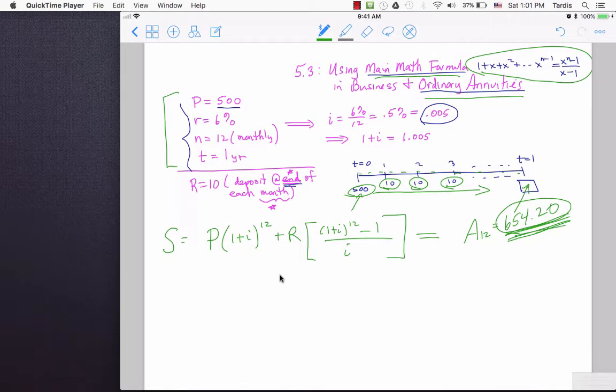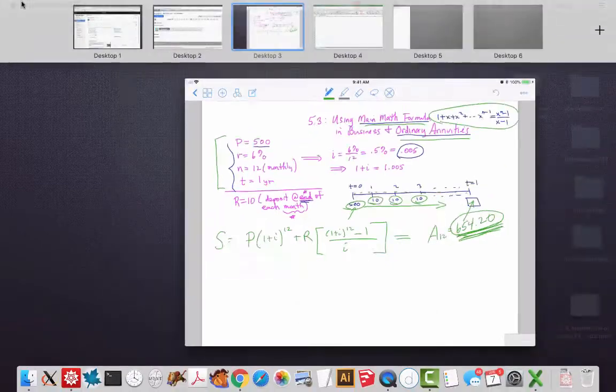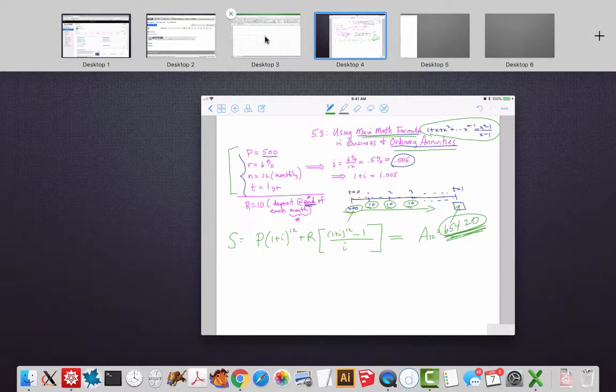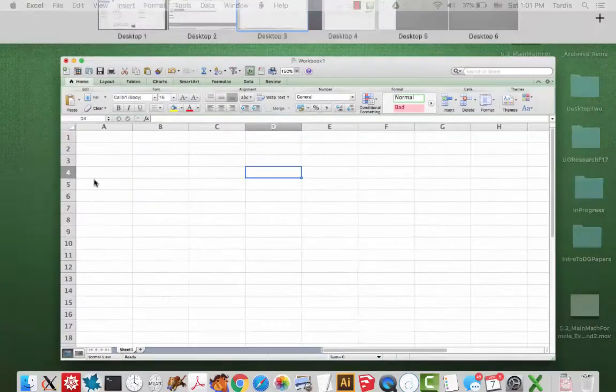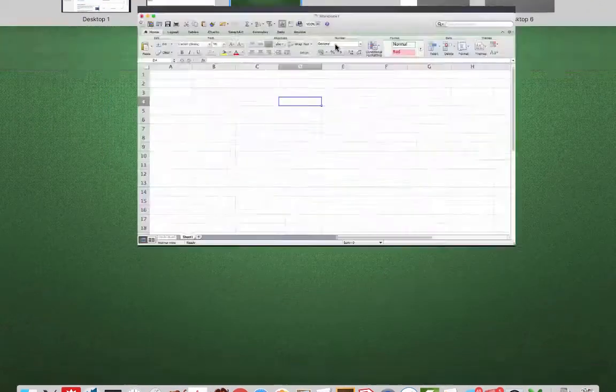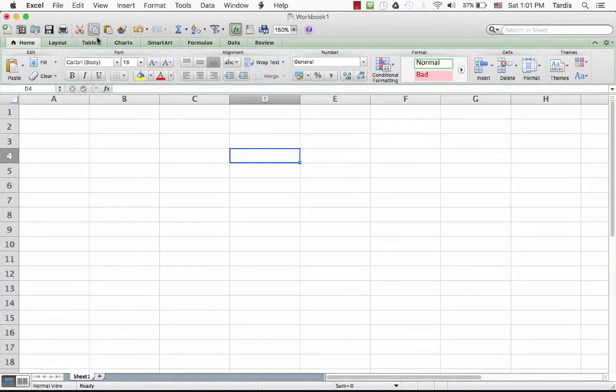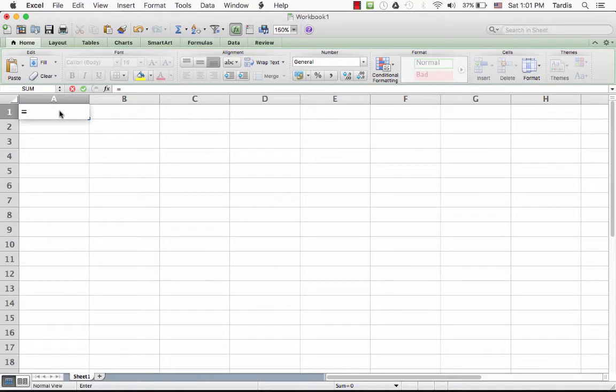Just a quick check to show you how that works in Excel. Let me bring my Excel window in here. In Excel, you can double check any of your answers by typing an equal sign in a cell and FV for future value.